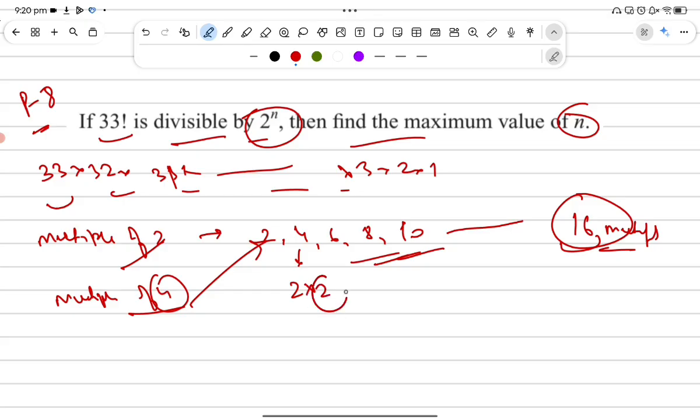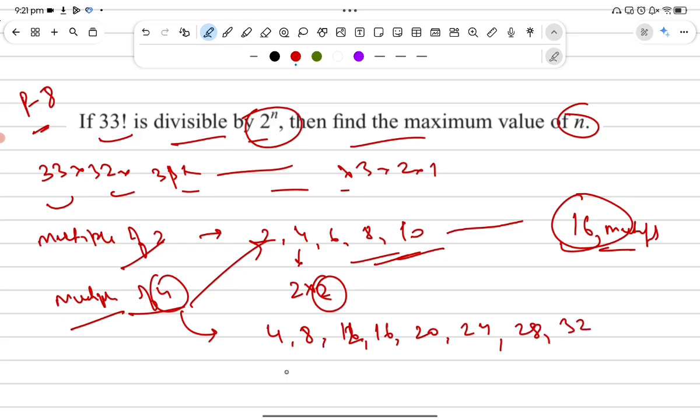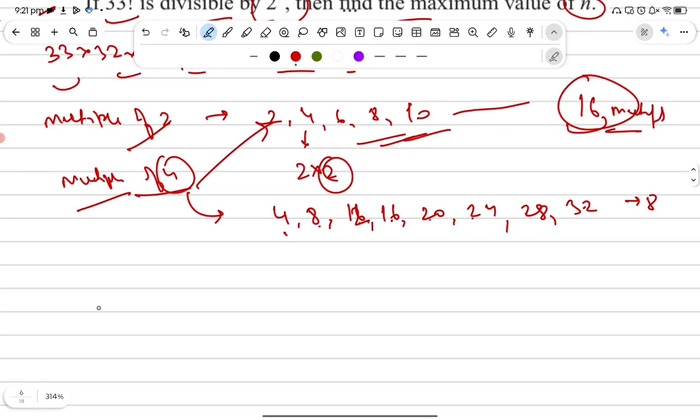So this extra 2 we haven't counted. That is why we are checking multiples of 4. So that is 4, 8, 12, 16, 20, 24, 28 and 32. How many of these? 1, 2, 3, 4, 5, 6, 7, 8. 8 extra 2s.